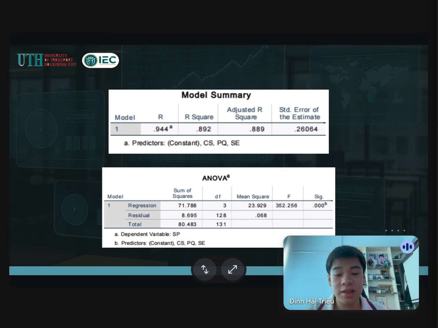Finally, the regression analysis shows that product quality, service experience, and customer satisfaction explain almost 90% of the variation in service performance, indicating that these variables have a strong influence on the dependent variable. Overall, the SPSS results demonstrate that our research model is statistically reliable, valid, and provides strong evidence to support the proposed relationships among the variables.